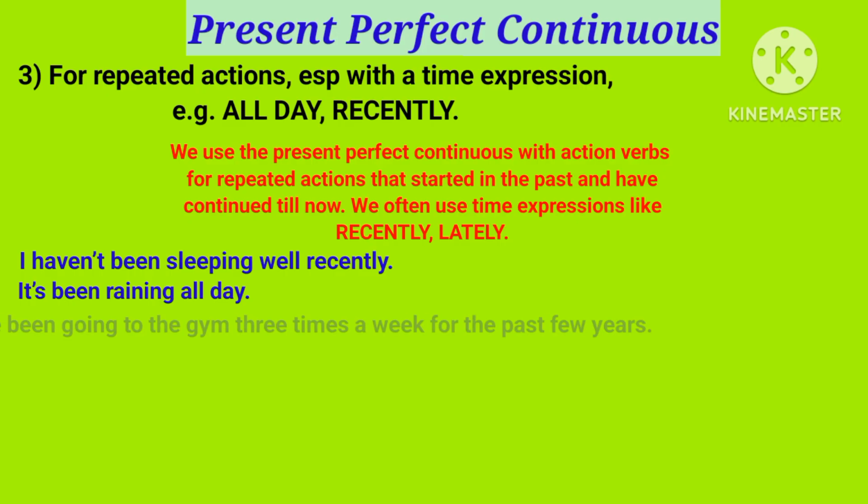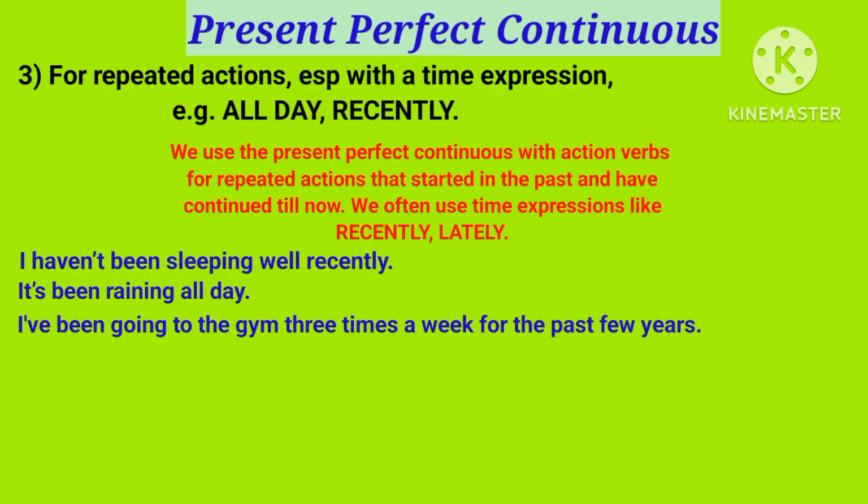The next example: I've been going to the gym 3 times a week for the past few years. It's a regular, repeated habit. Going to the gym started in the past. Still happening now, and the person goes to the gym 3 times a week.